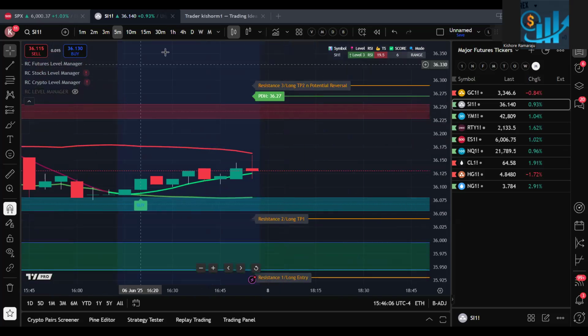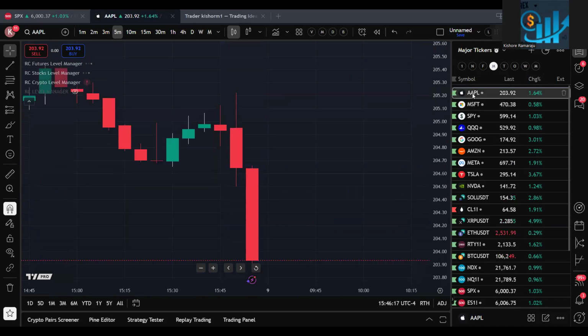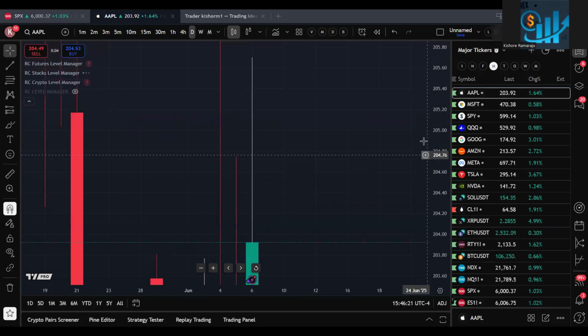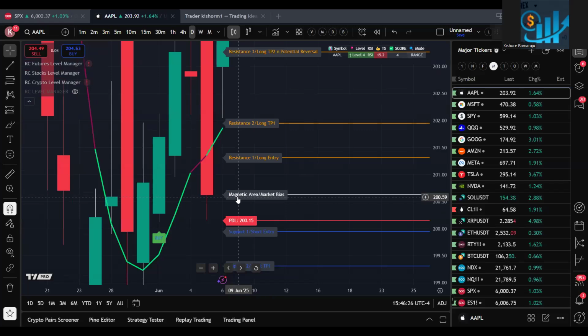So again, I repeat. For example, if I want to check Apple, or Microsoft, or SPY, let us go to Apple. If you see Apple in the daily time frame, where is your magnetic level?